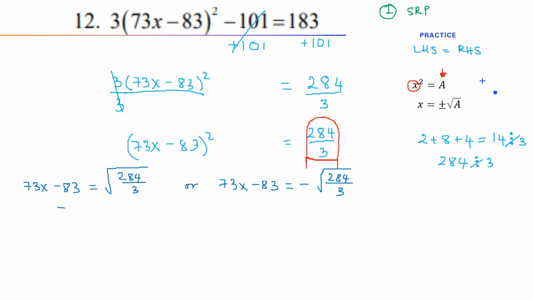Now we want to add 83 to both sides so that we can cancel the 83 on the left-hand side. Isolate 73x equals 83 plus the square root of 284 over 3.